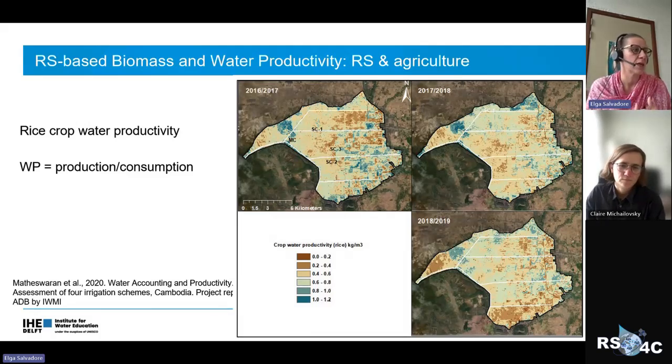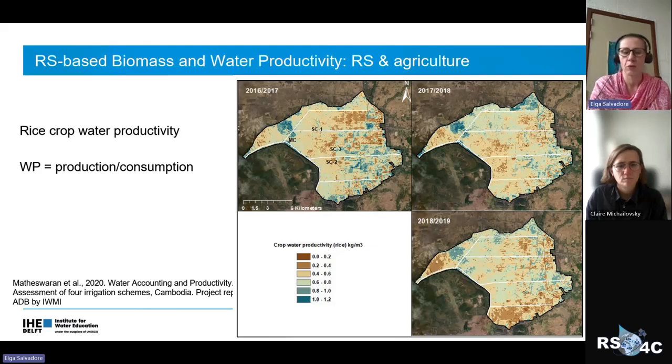And then you can see the blue zones are locations where, for the same amount of water, you produce up to, I don't know, 1 kilogram of rice every cubic meter of water, while in other regions they need a lot more water or they produce a lot less.